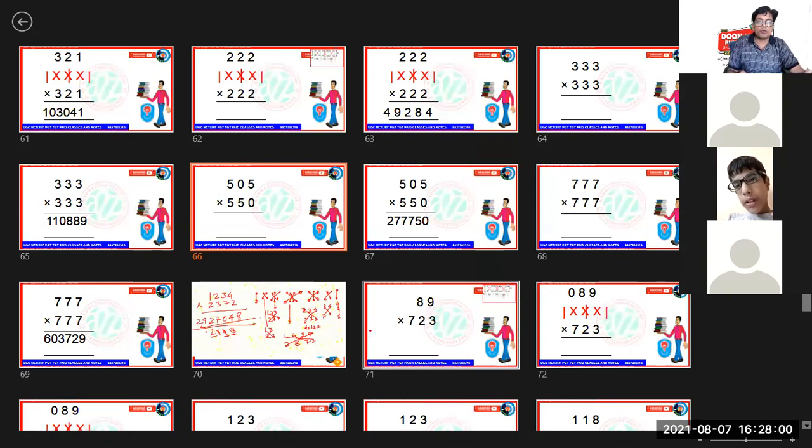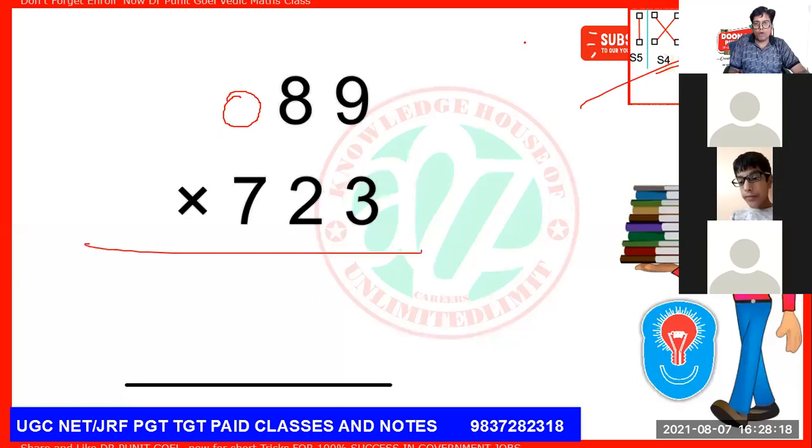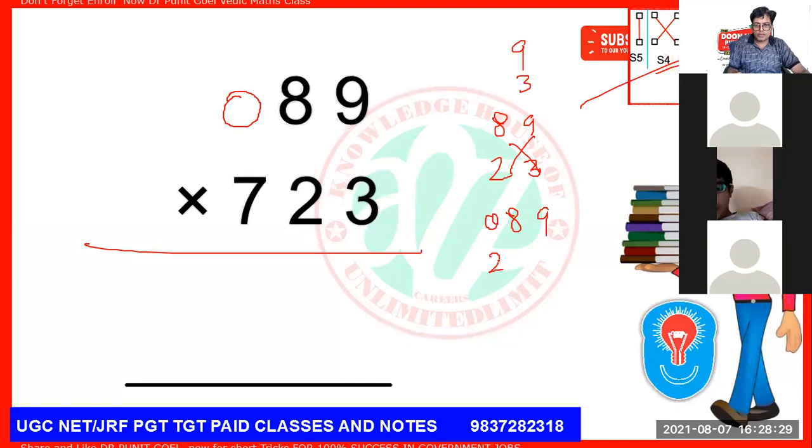Can we do this calculation by this method? Yes or no? Yes, we can do. What we will see? We will put 0 here. That will be now 3 by 3 multiplication. Now perform 9 into 3, 8 into 9, 2 into 3. Next 0, 8, 9, 7, 2, 3.